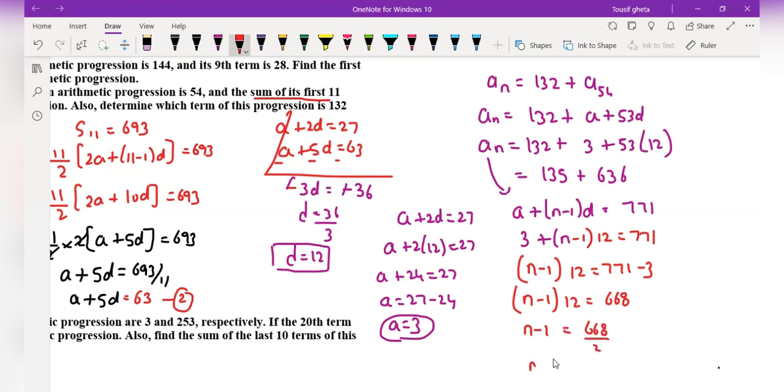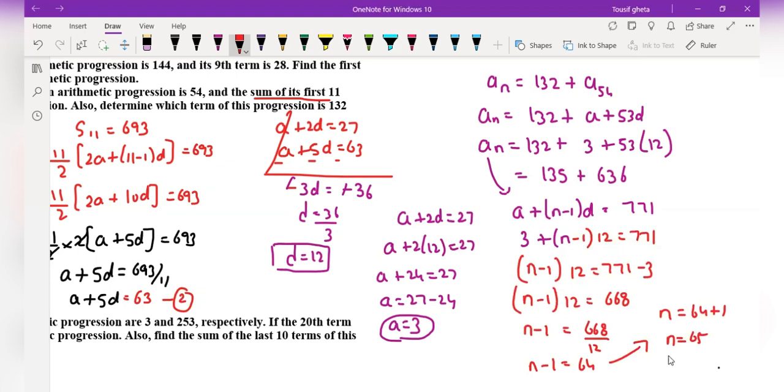Dividing, we get 64. Transpose the minus 1: n is equal to 64 plus 1, so n is equal to 65.